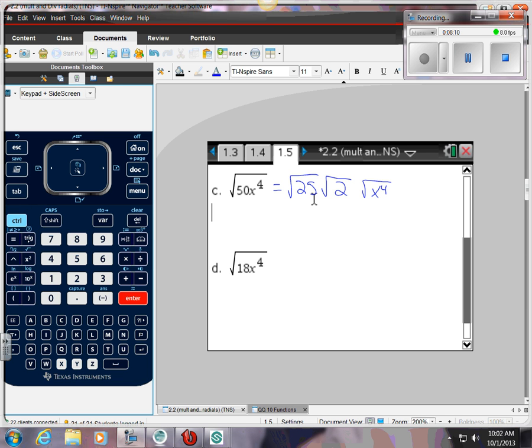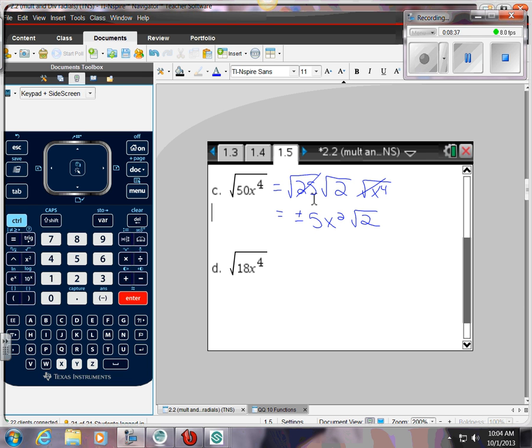What's the square root of 25? Plus and minus 5. Square root of 2? Can't. Square root of x to the 4th? X squared. So these ones reduced, and what I'm left over with is square root of 2. So you should have plus and minus 5x squared times the square root of 2. How many of you got that right? Very nice. All right, go ahead and try the last one.